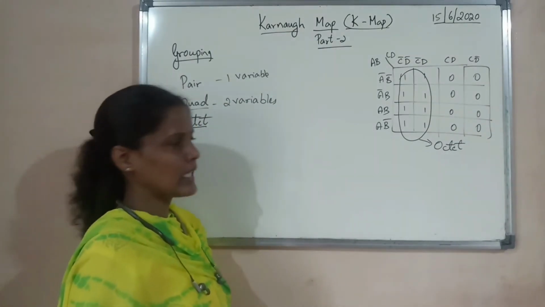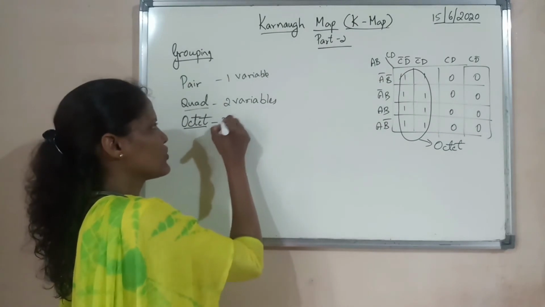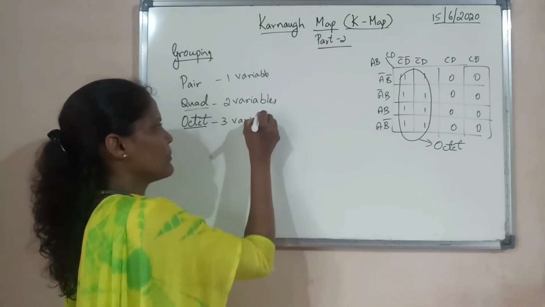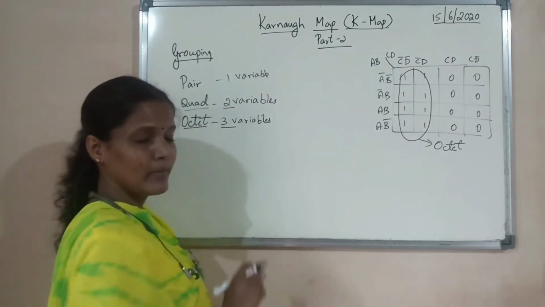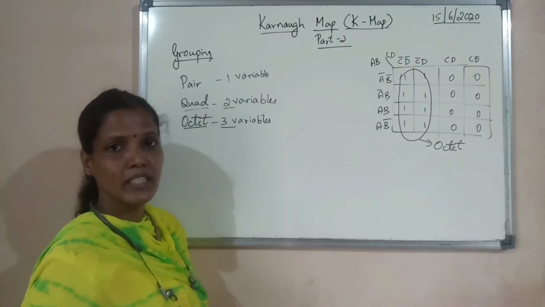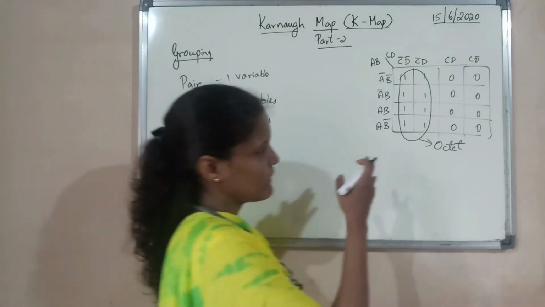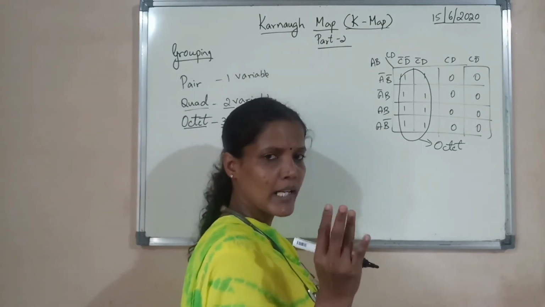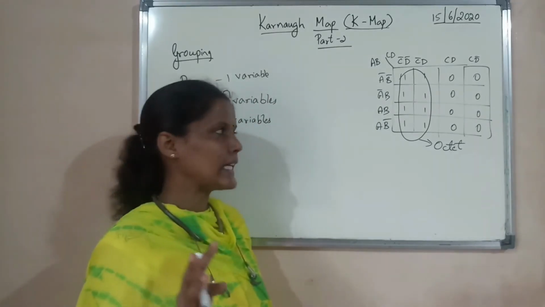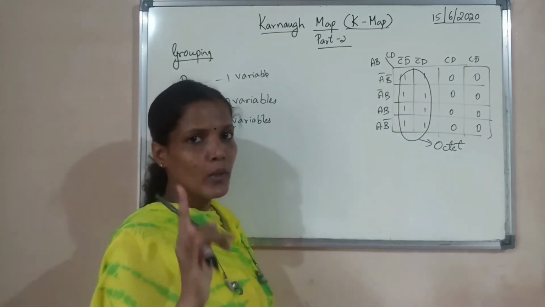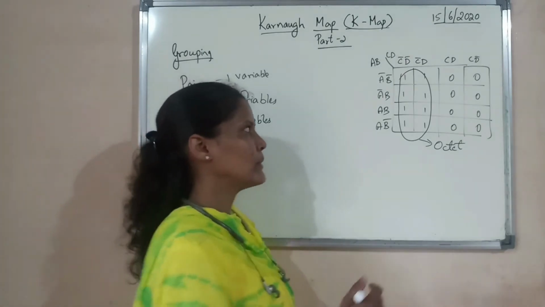Now this octet eliminates 3 variables. Pairing eliminates 1 variable, quad eliminates 2, whereas octet eliminates 3 variables. Here I have taken an example of 4 variables A, B, C, D, and out of these 4 variables, 3 variables will be completely eliminated, leaving only 1 simplified variable.